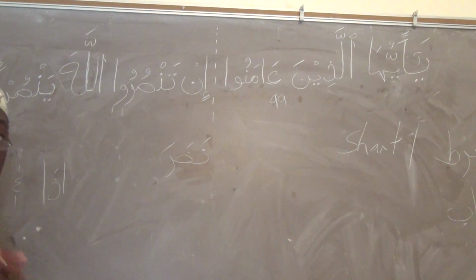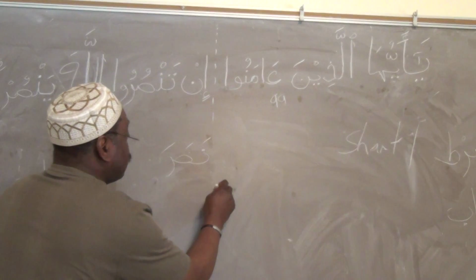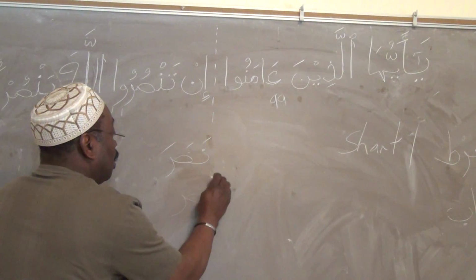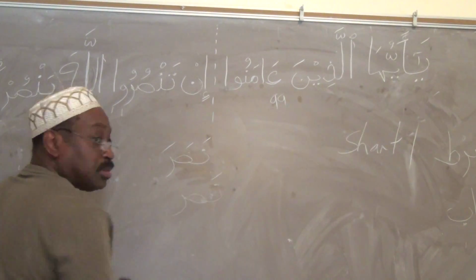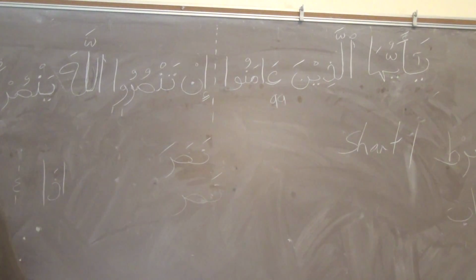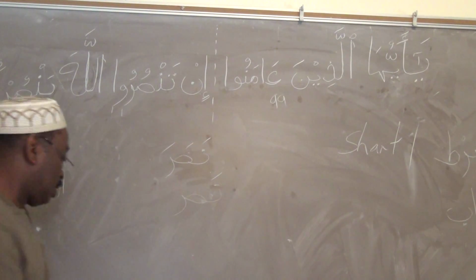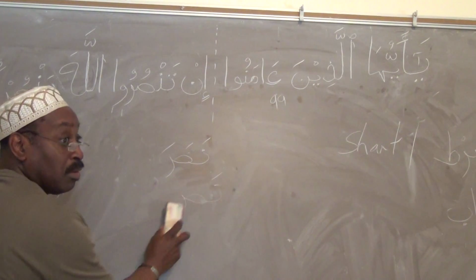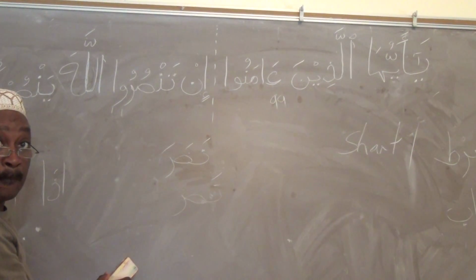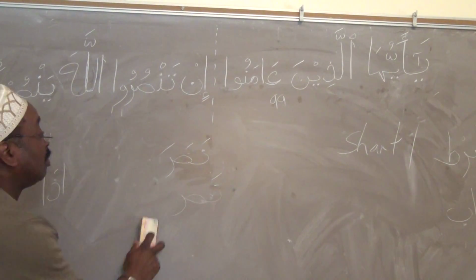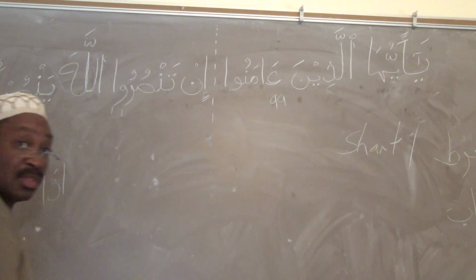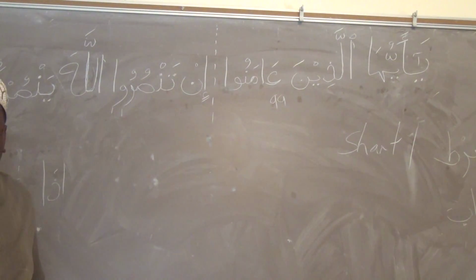Now the word, like you were talking about, nasr, a lot of times people translate this as victory, but it also means help. So it comes from the word help. Because they used this verse all the time in the time of the wars. So they were telling people, hey, if you give your force to the war, which is for the sake of God, that's why He says in tansurullah.